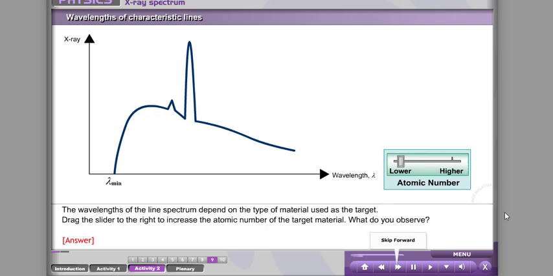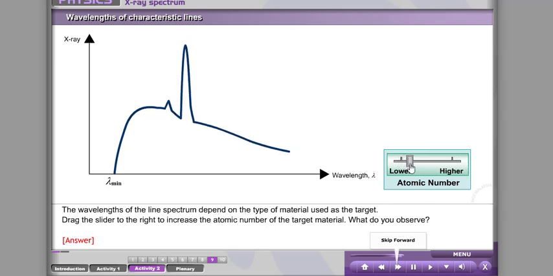The wavelengths of the line spectrum depend on the type of material used as the target. Drag the slider to the right to increase the atomic number of the target material. What do you observe?